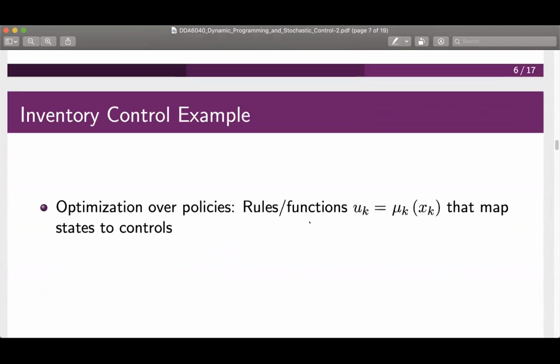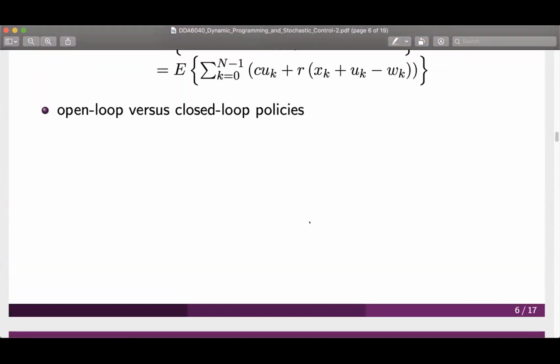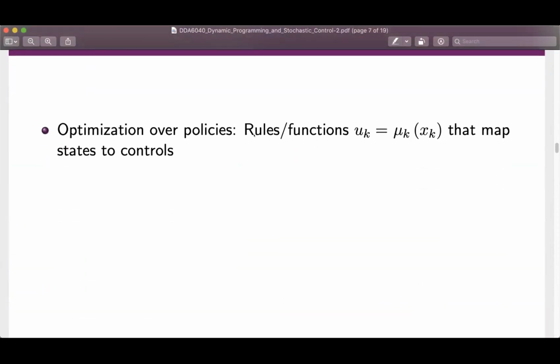So next we will look at closed loop optimization. If we choose a closed loop policy, then you need to decide the rule, the mapping from state to control.